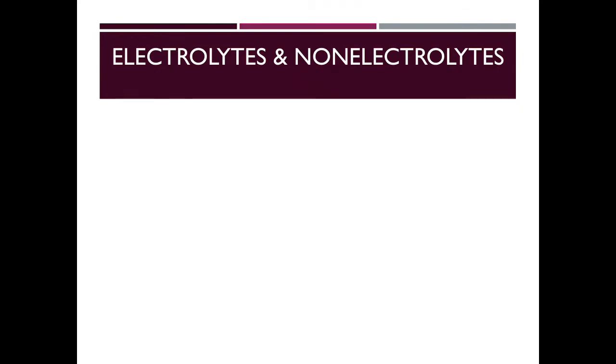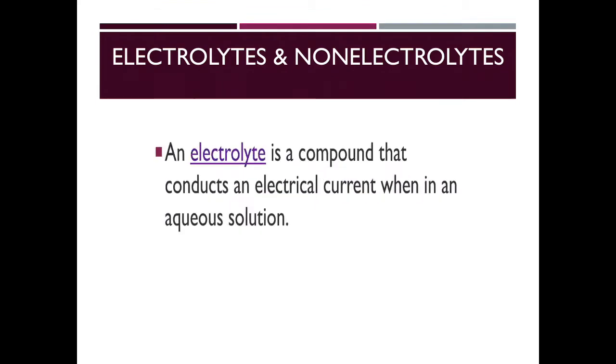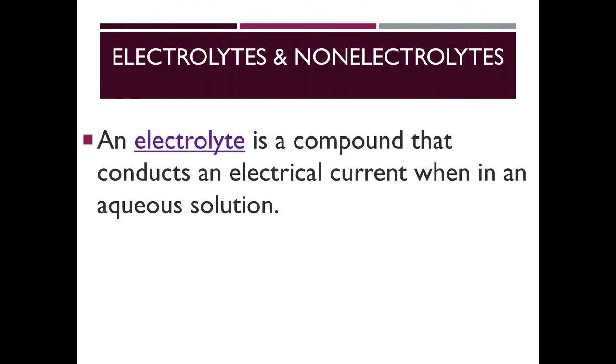So all of these so far, if you've noticed, have been covalent molecules, which do not dissociate in water. But we do have some compounds, ionic compounds, which do dissociate in water. And so we will call these electrolytes and non-electrolytes.